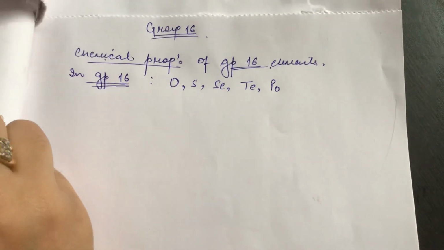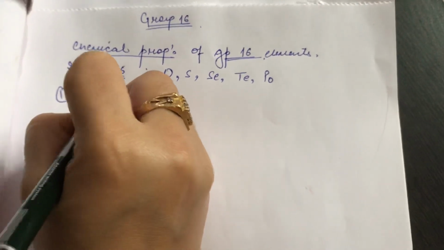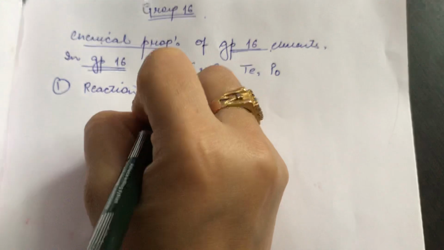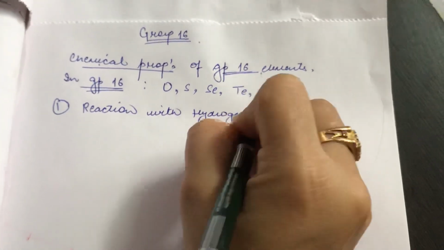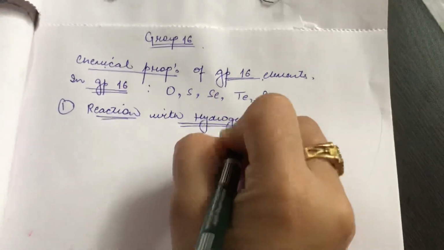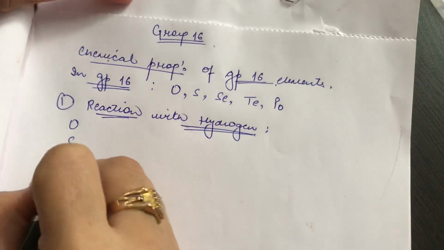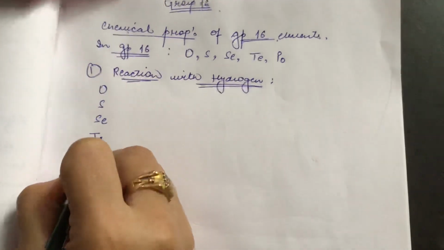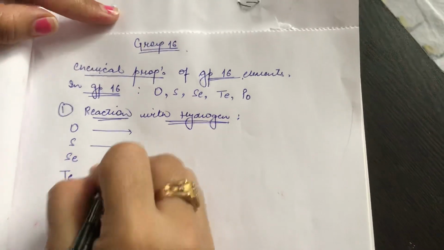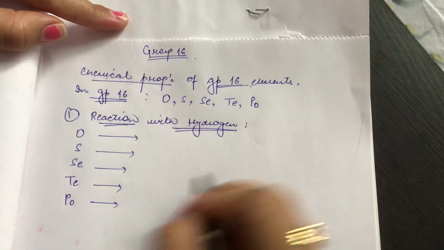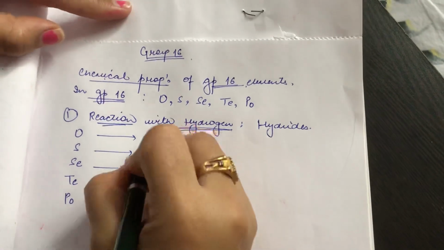So the first chemical property is reaction with hydrogen. All these elements, when they react with hydrogen, form their hydrides. What are these hydrides?